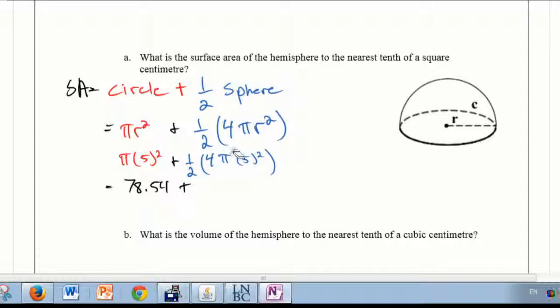Or you can go 4 times pi times 25 and then divide it by 2 if you want. You'll end up in the same place. 2 times pi times 25. It's 157.08. So I get 235.6.